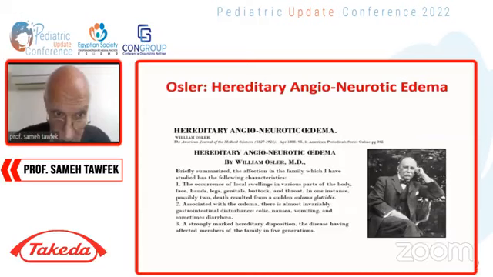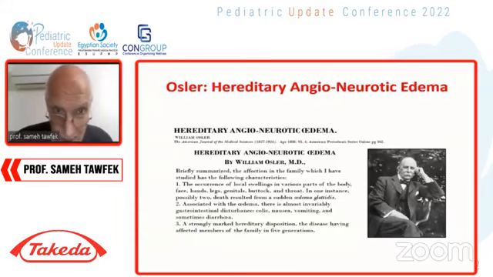In one instance, 2 deaths resulted from sudden edema of the glottis, and this is the most serious complication. Associated with the edema, there is almost invariable GI manifestation, either colic, nausea, vomiting, and sometimes diarrhea. And there is a strong, marked hereditary disposition, the disease having affected members of the family in 5 generations.